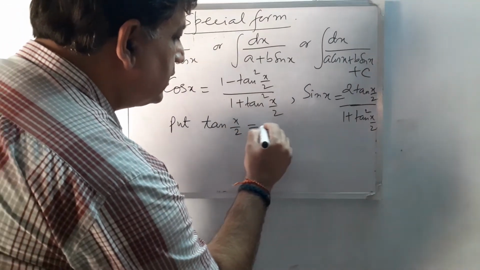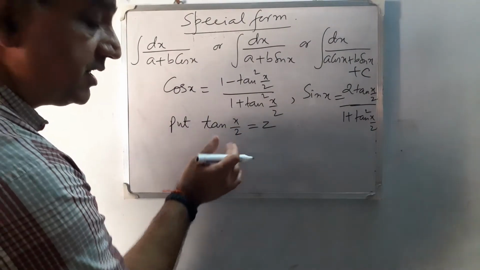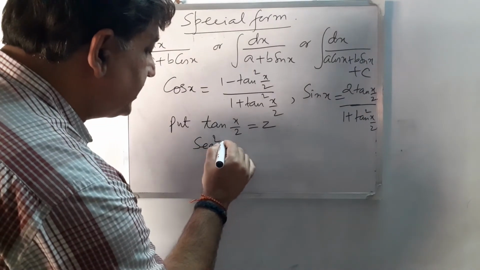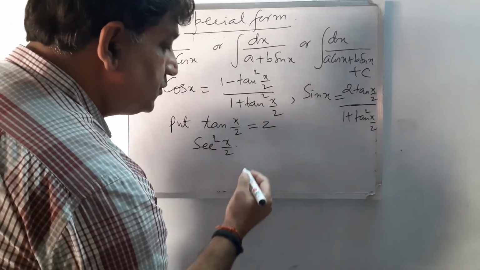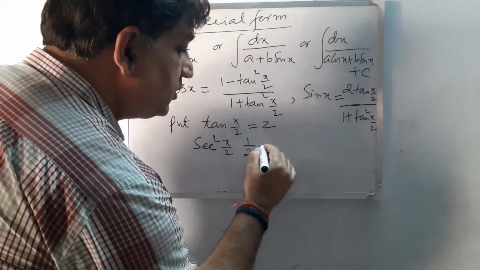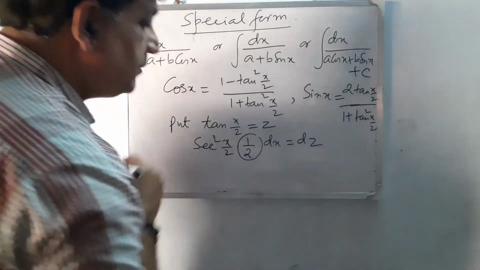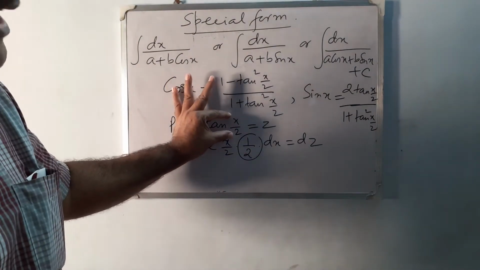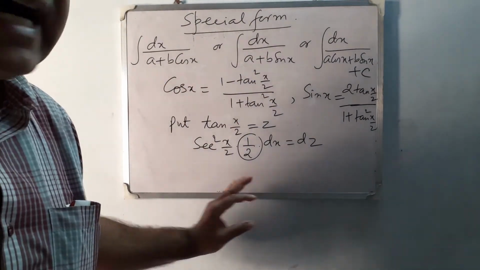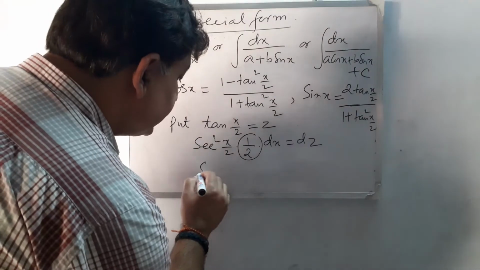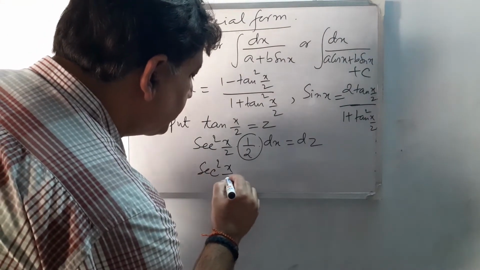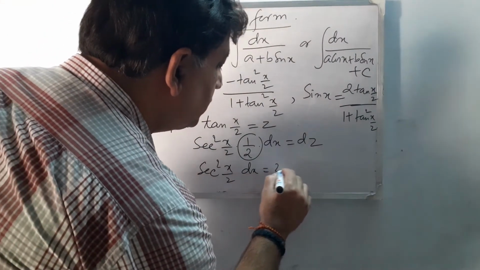to z. Now remember, if you differentiate it, you will get sec square x by 2 into half into dx is equal to dz. Why this half? You must keep in mind that here we have x by 2, so the differentiation of x by 2 is half. Now sec square x by 2 dx is equal to 2 dz.